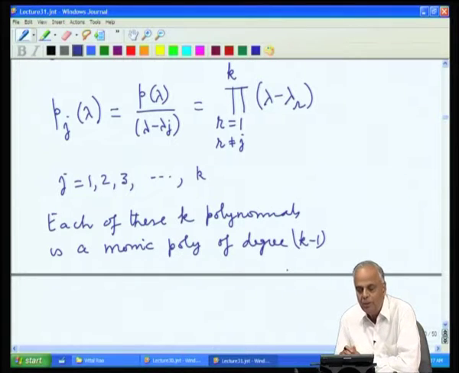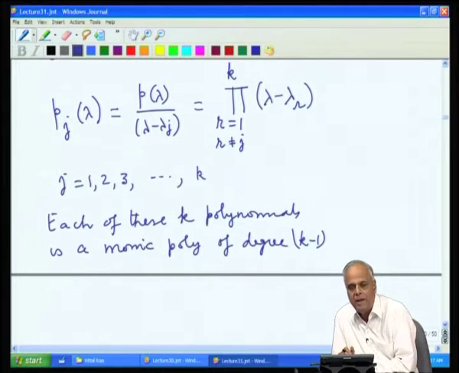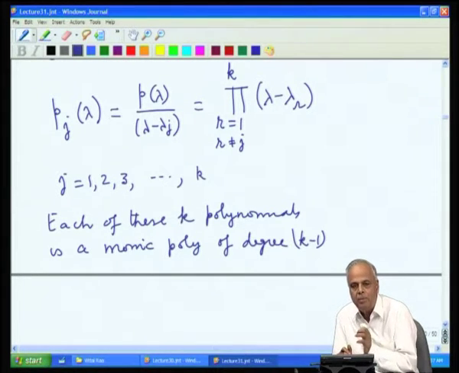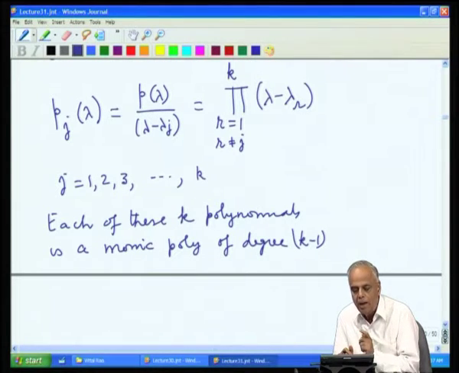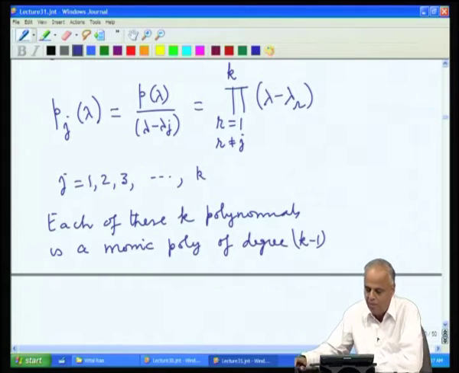Now, let us look at this polynomial p j lambda. The p j lambda has factors lambda minus lambda r except lambda j factor. So, if I put r equal to 1, lambda minus lambda 1 is a factor. So, lambda 1 will be a root. Similarly, lambda 2 will be a root, lambda 3 will be a root. So, all these lambdas will be roots except lambda j.